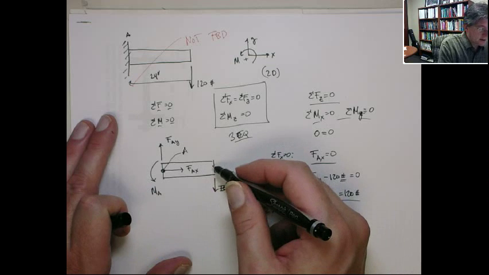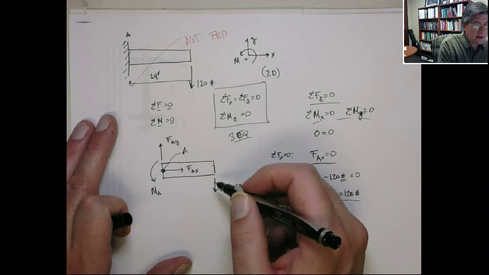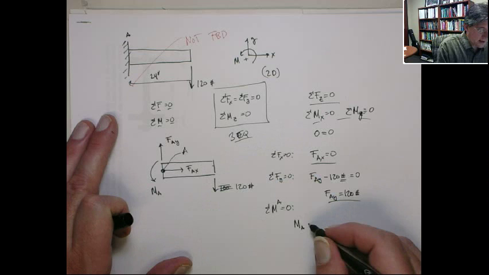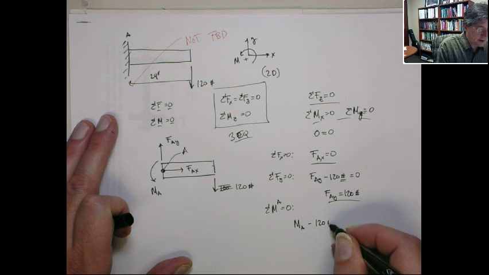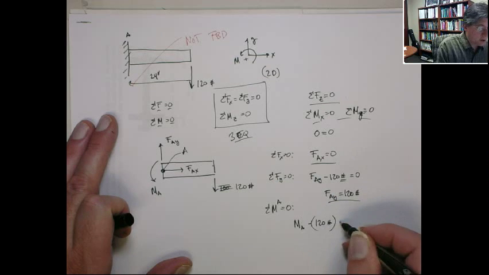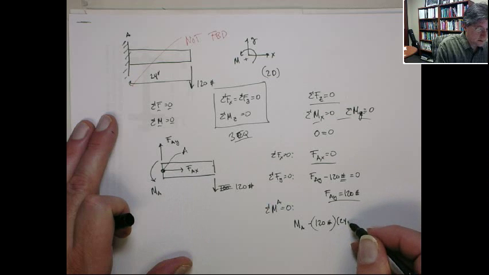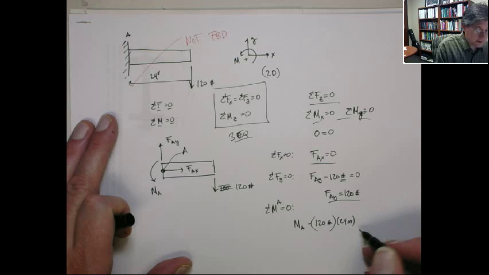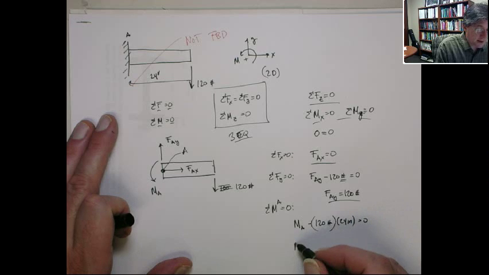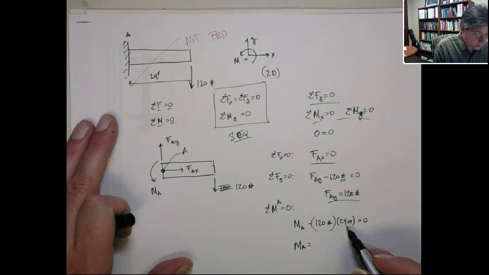Now, this produces a negative moment. So it's a negative 120 pounds. And now its moment arm is 24 inches. Right, don't drop the units. This is 0. So this tells me that MA is now equal to 120 times 24.